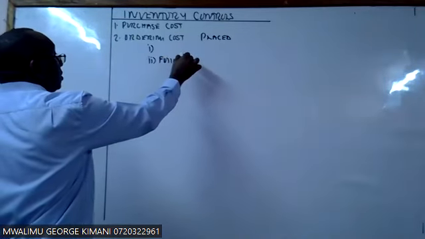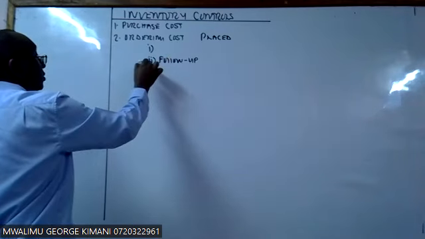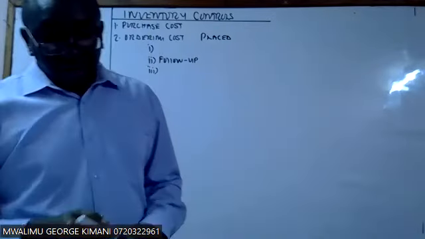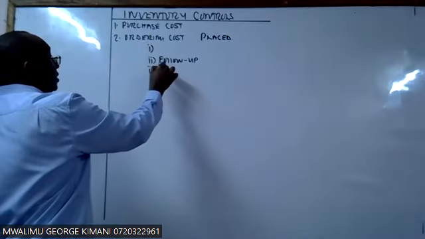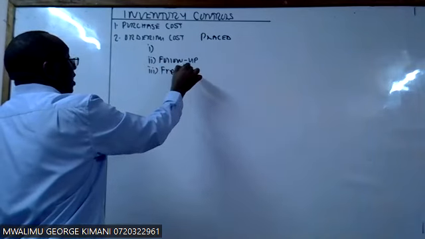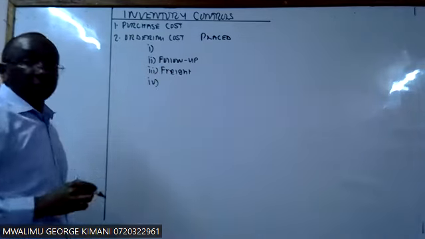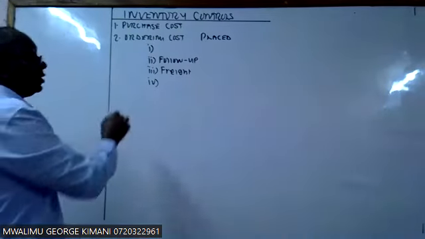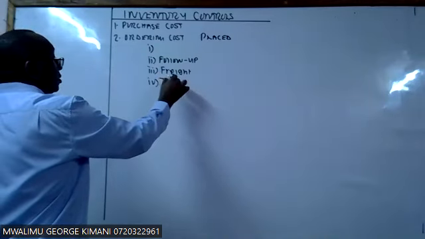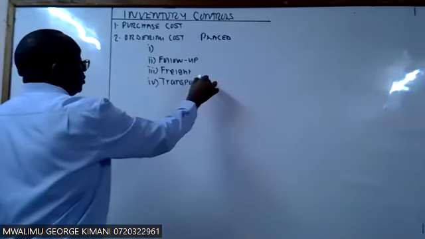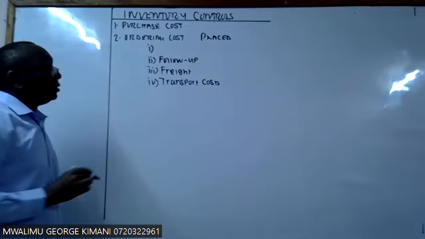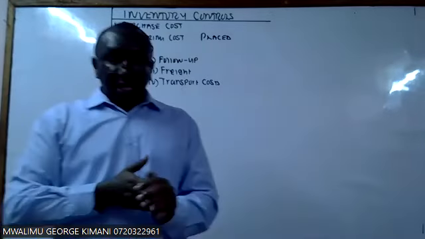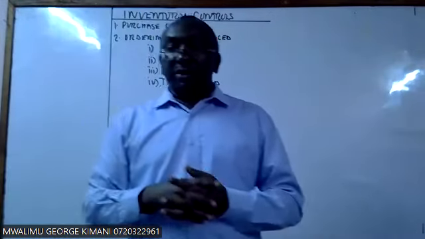Roman 3, freight charges. Roman 4, transport costs. Yeah, those are the costs that we incur anytime we place an order.